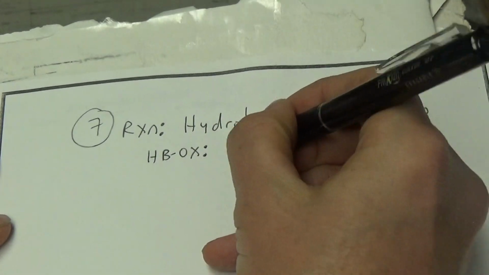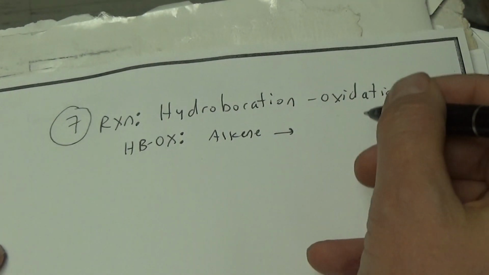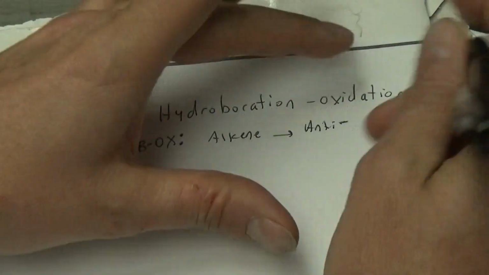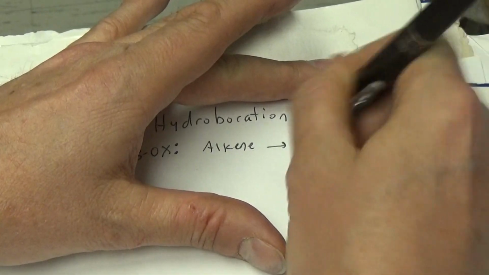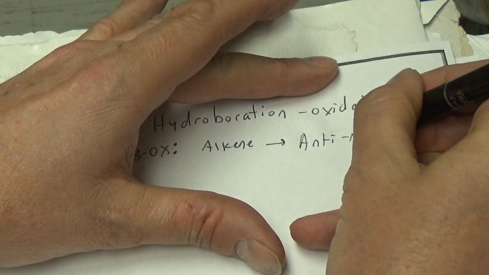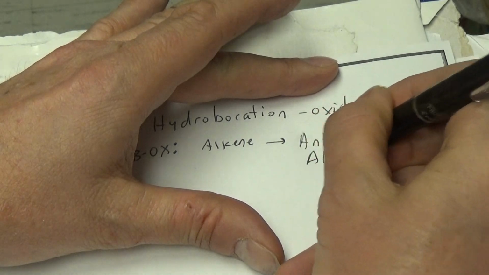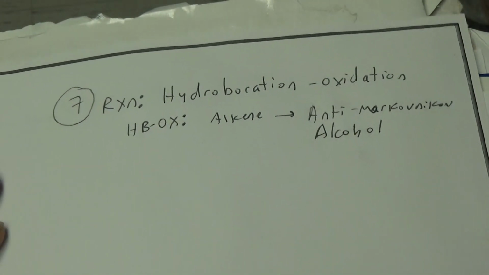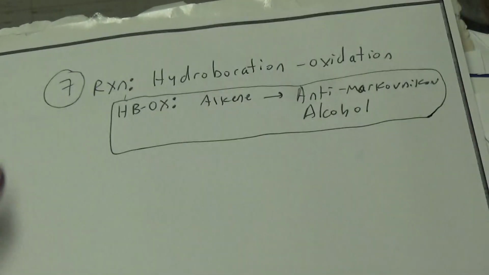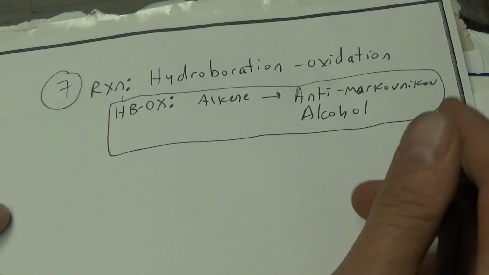What this does is it converts an alkene not into a Markovnikov alcohol, but into an anti-Markovnikov alcohol. So it's going to be a totally different mechanism, but it's a really useful transformation that we can use in organic synthesis.